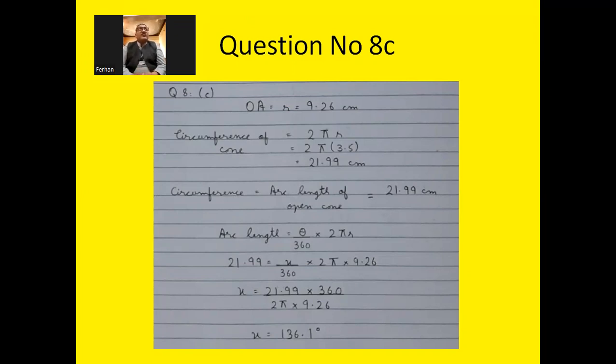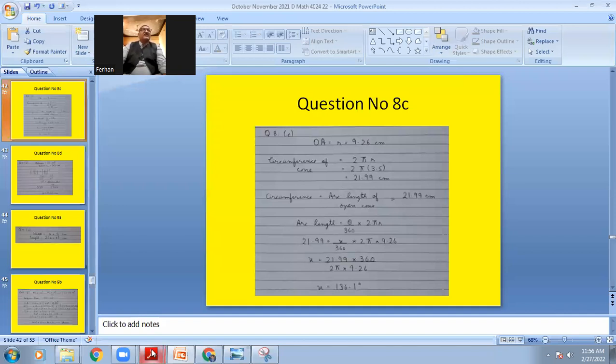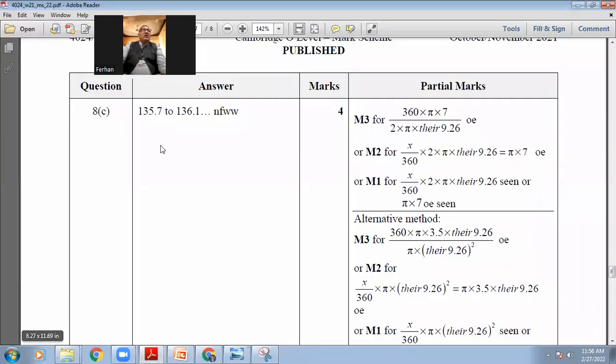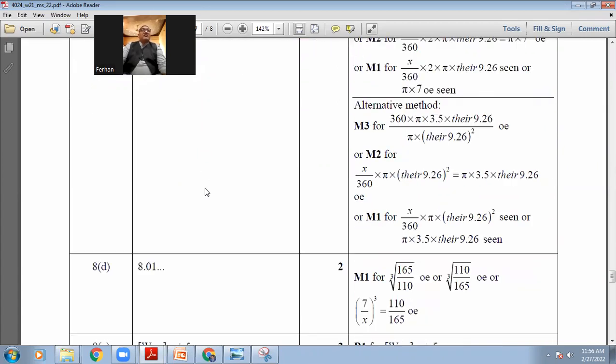The arc length is 21.99 equals x by 360, multiplied by 2, multiplied by pi, multiplied by the radius of that sector, which equals the slant height of the cone, and that will be 9.26. So if you make x alone and you do the calculation, you will get the answer x equals 136.1 degree. 136.1 degree. Let's check the answer. 136.1 degree is the right answer.